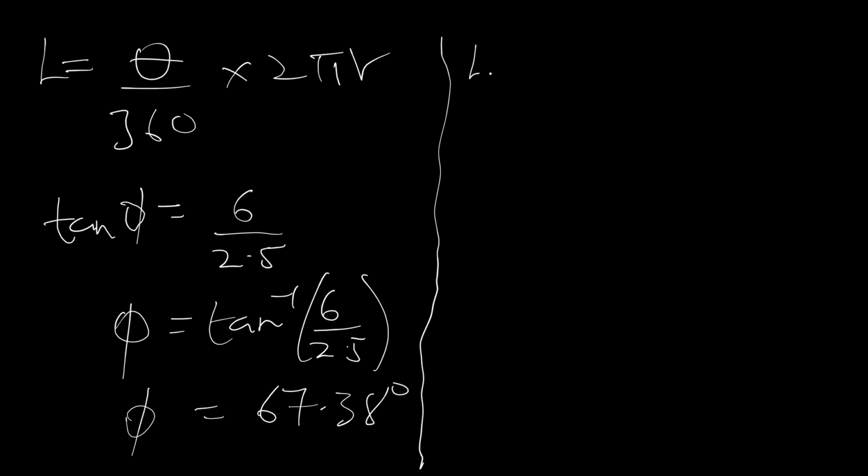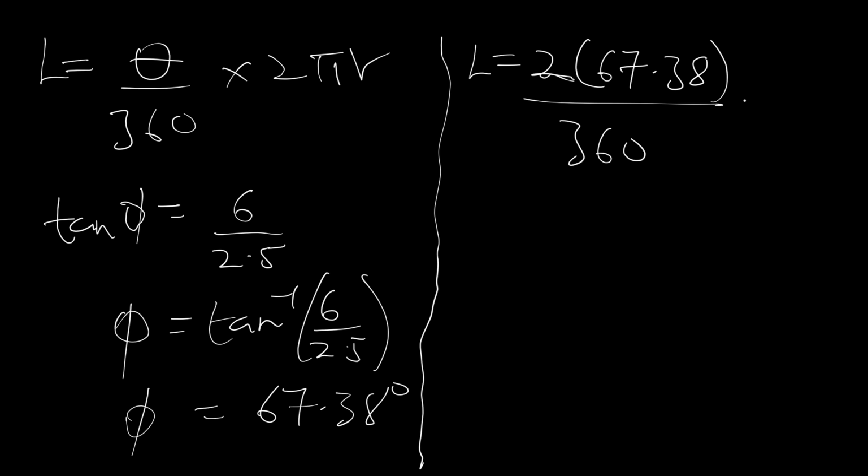So the length of our arc becomes 2 times 67.38 all over 360 times 2 pi r. And we know our r is 6.5.